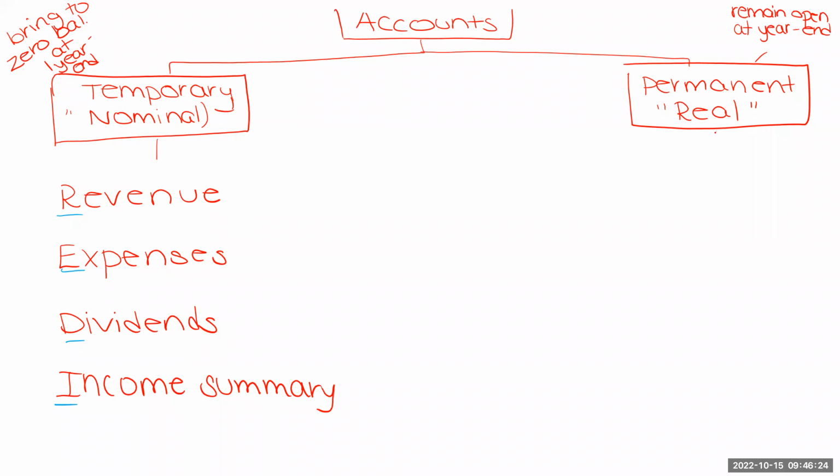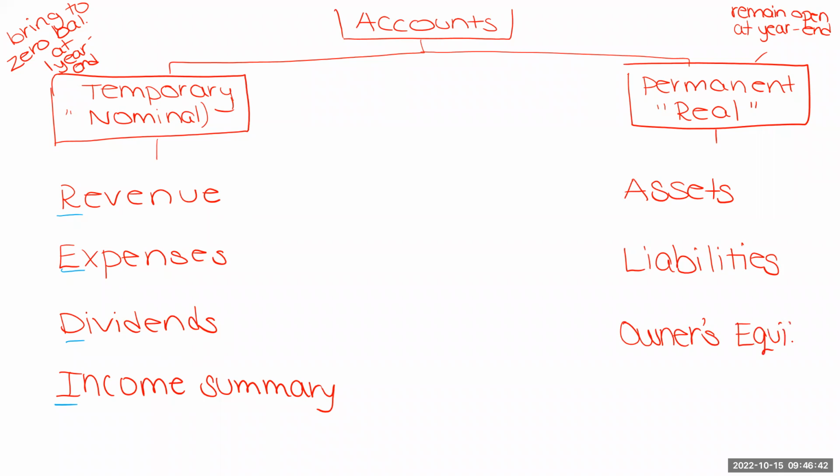So your permanent accounts is basically everything else. It's your assets. It's your liabilities. And it's your owner's equity.